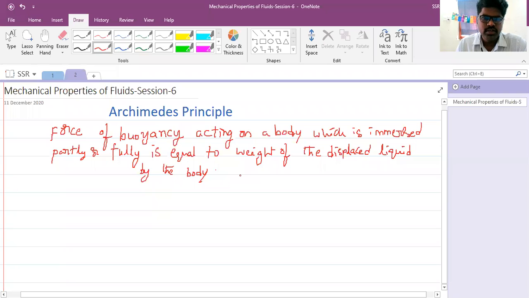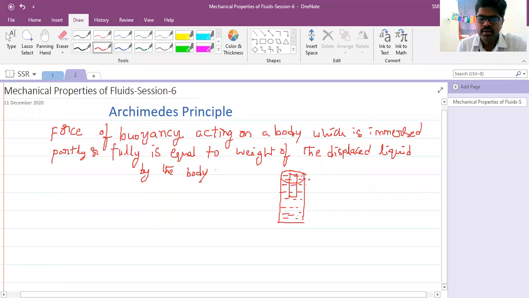So how to understand this? Very simple. Suppose you have a tumbler or a small glass, where water is filled fully up to the top. Now suppose you immerse a solid object in this. What happened to the liquid?